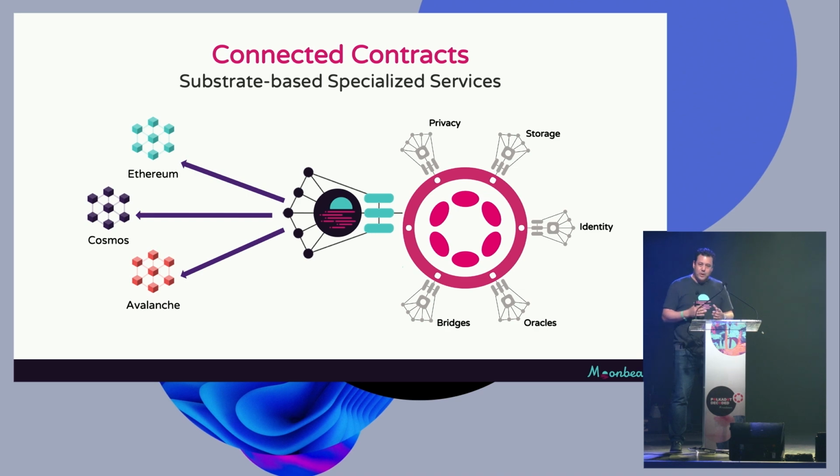So from your smart contracts, you'll be able to leverage identity, storage, Oracle functionality, all of these specialized functions. And by the way, if there isn't an already existent specialized function, I mentioned before that you could use something like parathreads, for example, where the development team themselves could add specialized substrate functionality that they'll be calling from their smart contracts.